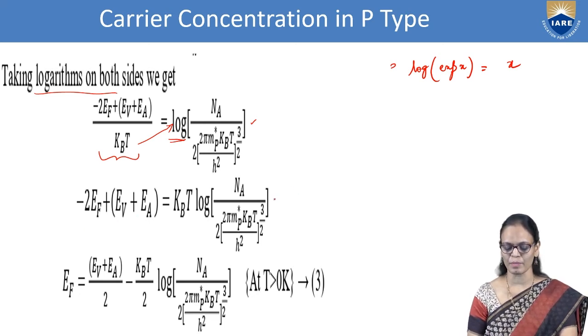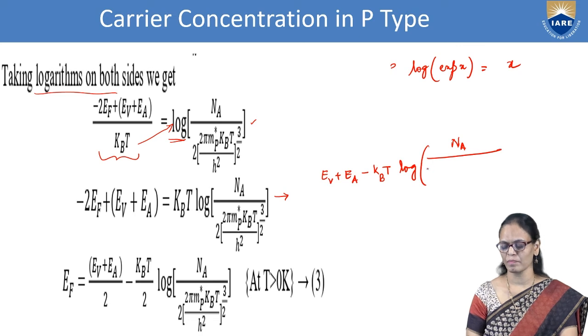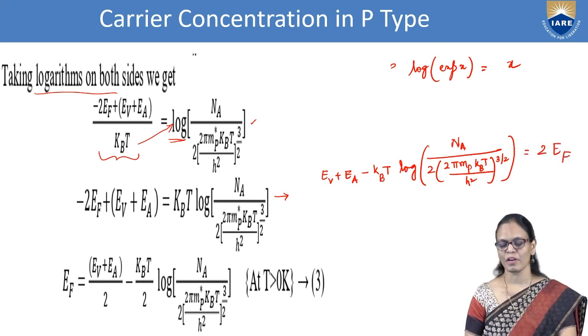From this we can write Ev plus Ea minus kBT log of Na upon 2 into (2 pi mp kBT by h square) power 3 by 2 should be equal to 2Ef. So I made it simple, and I've kept Ev plus Ea here only.